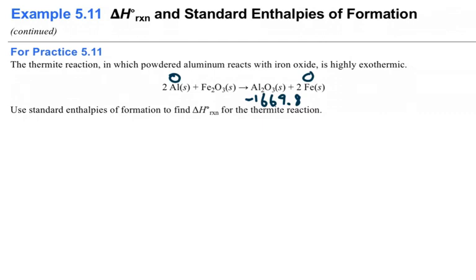Okay, so then that means we got to look for one more. Let's look for Fe2O3 as a solid. And Fe2O3 has a value of negative 822.16. Okay? So now that we have the values, let's go ahead and set this up and find the delta H for this reaction.